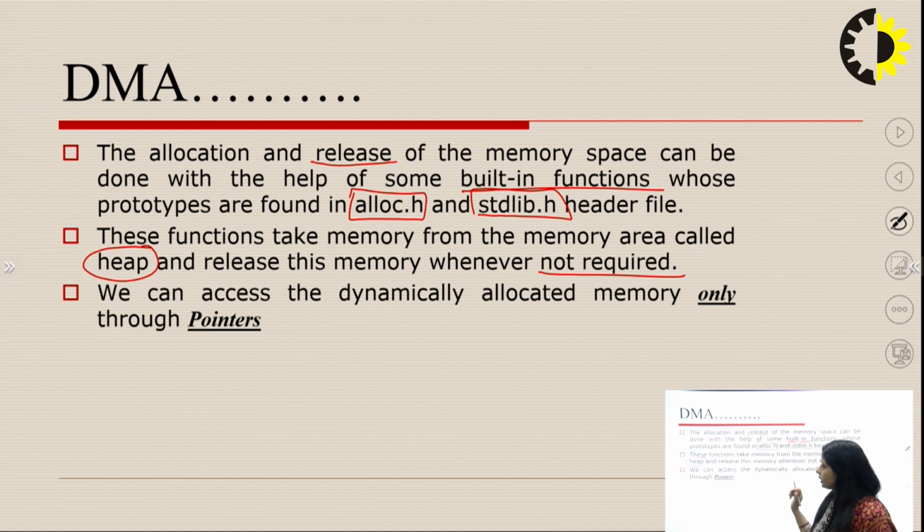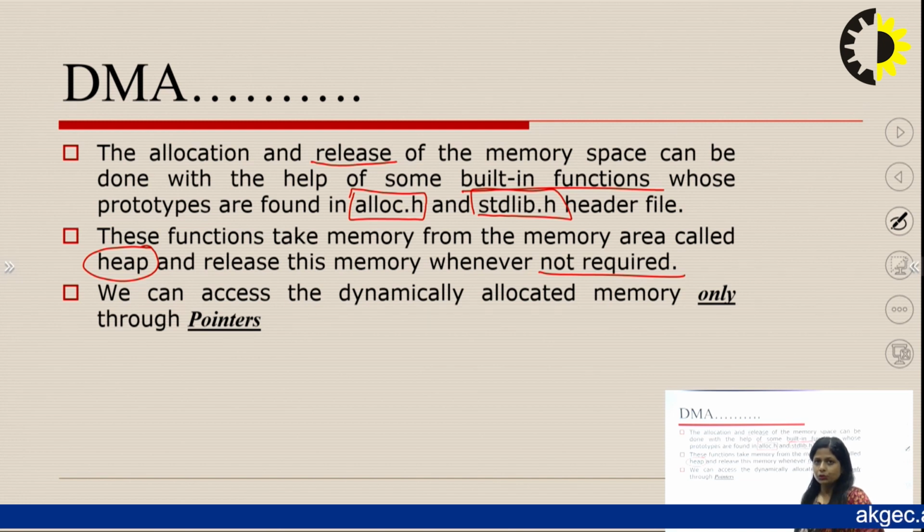So in the beginning we saw that with static memory allocation, we allocate a fixed amount of memory before the execution of the program, and this memory we are not going to release.